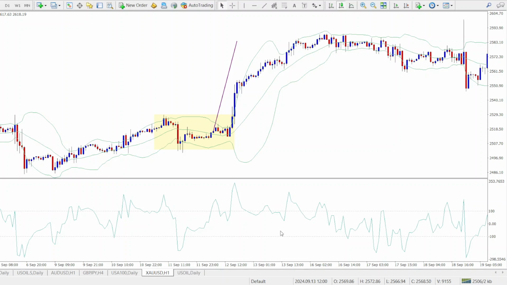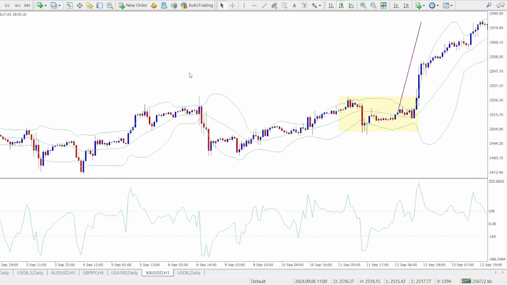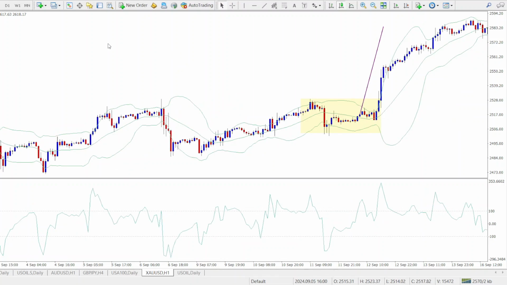To set up the Bollinger Bands, of course you need to open your trading platform and select indicators. You go to insert, you go to indicators if you're using the MetaTrader terminal, because this is the MetaTrader terminal. After going to indicators, you have to add the Bollinger Bands and the commodity channel index to your chart.